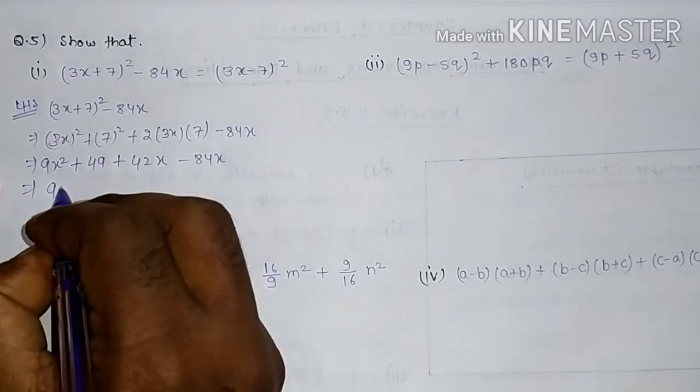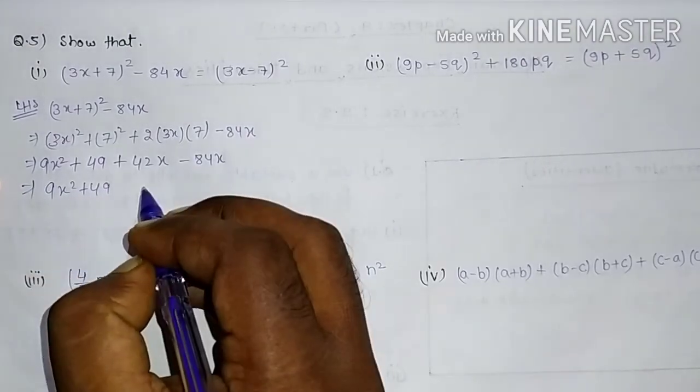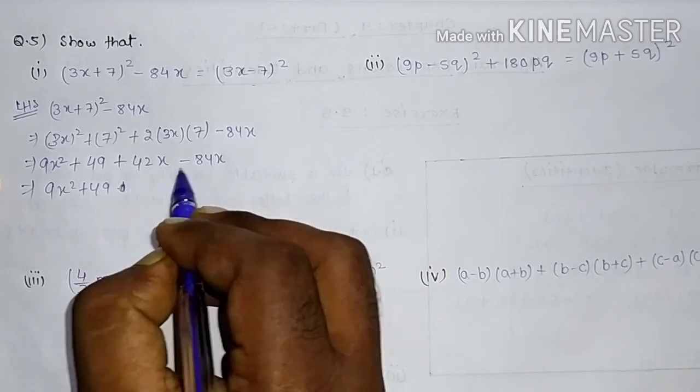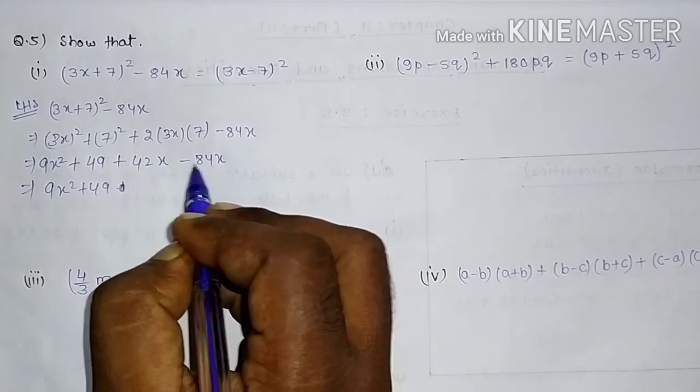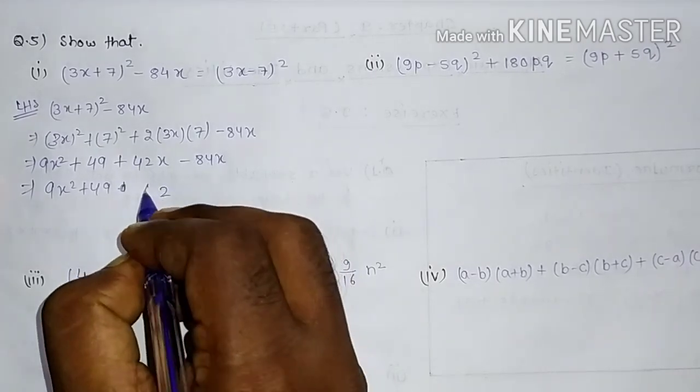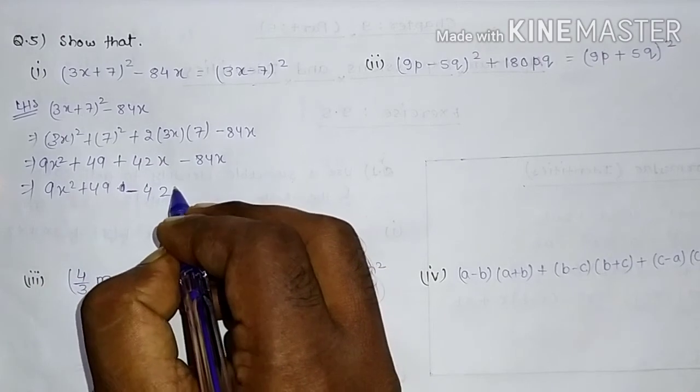Simply 9x square plus 49, 42x minus 84x. So just solve it. 84 minus 42 is 42, so minus 42x.